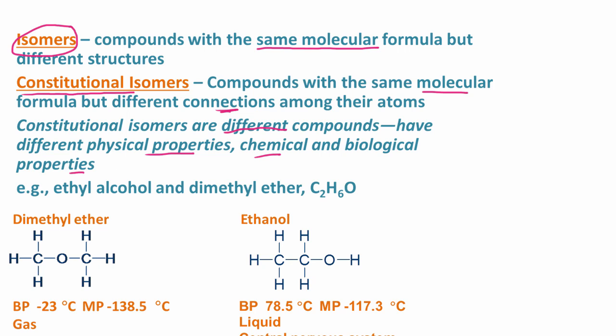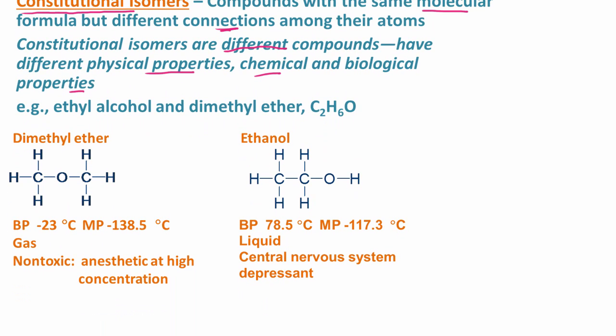In fact, let's look at another example here. These are not alkanes. Here we have dimethyl ether and alcohol. It's ethanol, ethyl alcohol. They both have the same molecular formula, but again, I can draw the structures 2 different ways. This one is dimethyl ether, and this one here is ethanol. These are 2 completely different compounds.